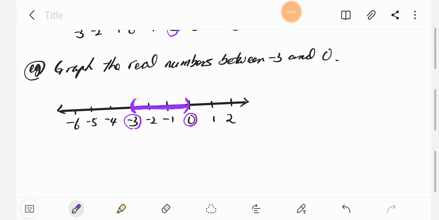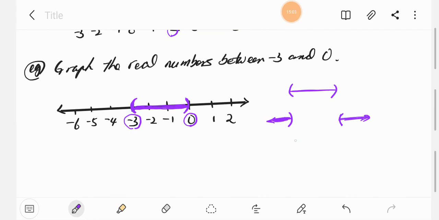So put a parenthesis opening towards the right, and then at 0, the parenthesis is a closing parenthesis, opening towards the left. If it is between, then it looks like this. If it's less than, it looks like this, and if it's greater than, the parenthesis looks like this.